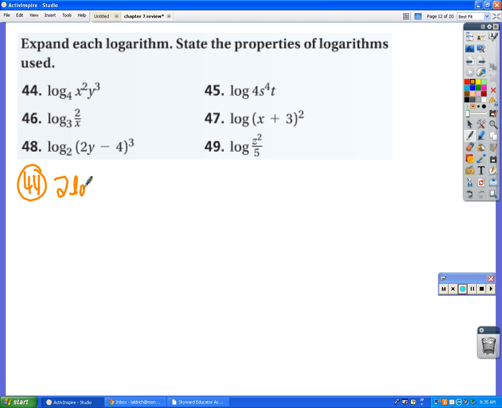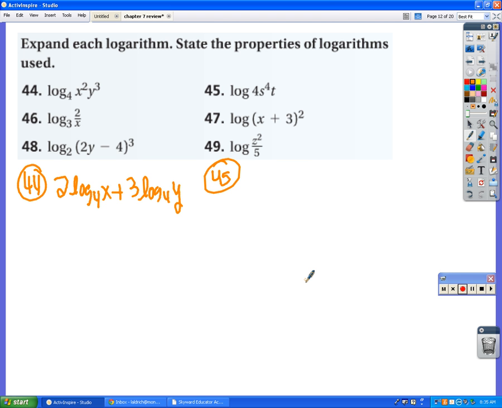So 2 log base 4 of x plus 3 log base 4 of y. They just want you to expand it out. That is solved, that is the answer. Okay?